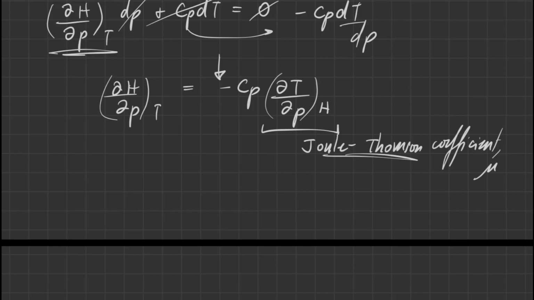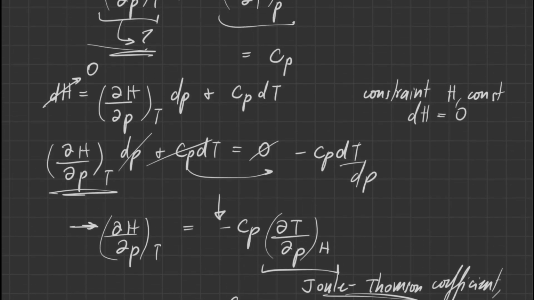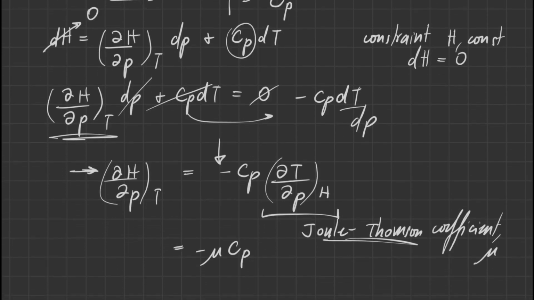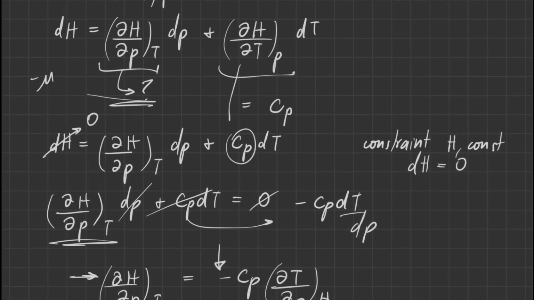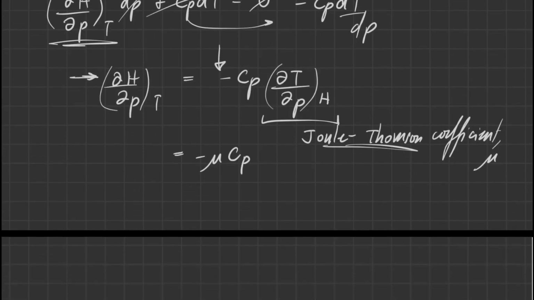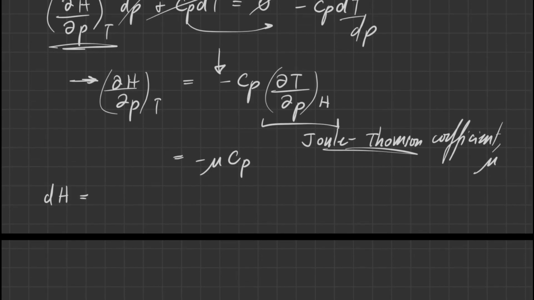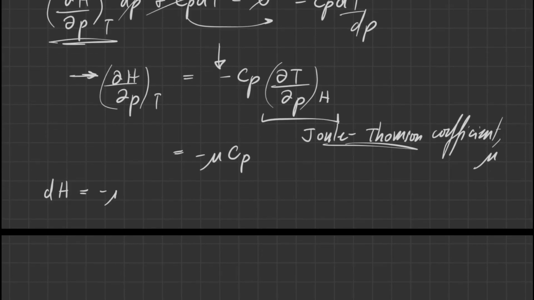and we can now define partial H with respect to P at constant T to be equal to negative mu Cp. Great, so now we have Cp equaling partial H with respect to T at constant P, and negative mu Cp being equal to partial H with respect to P at constant T. So now we can rewrite our dH expression. dH is equal to negative mu Cp dP.